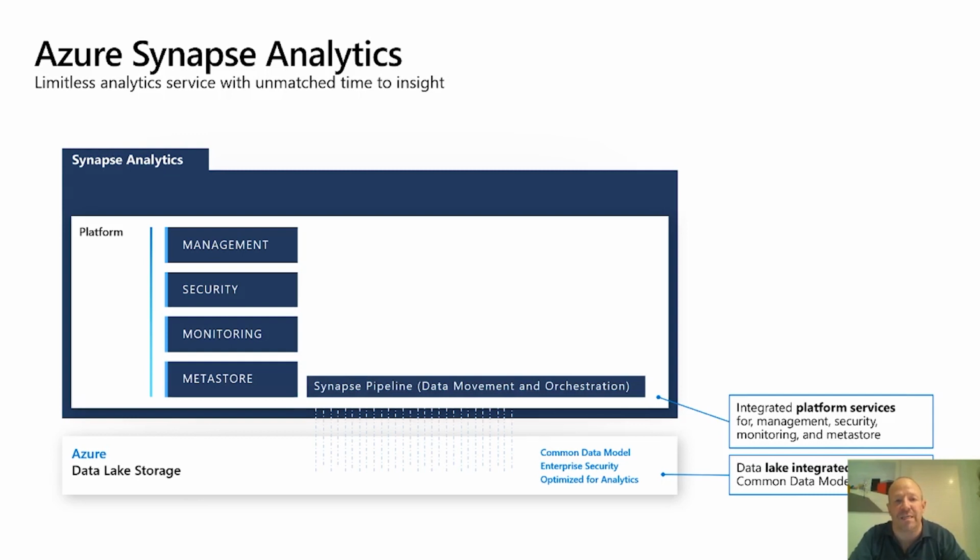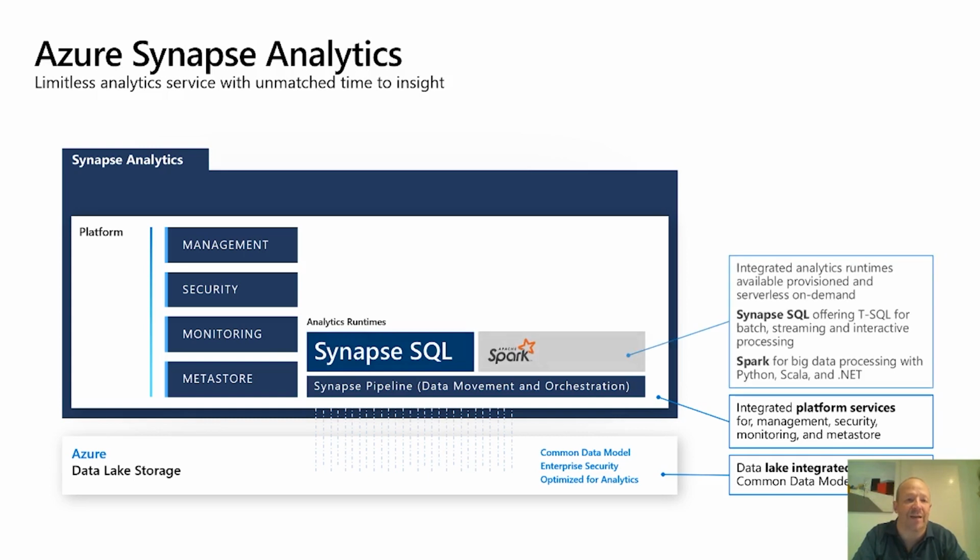Synapse includes the Synapse pipeline experience, which is based on Azure Data Factory, which gives you the ability to do data movement and orchestration. It gives you the two analytics runtimes. One is called Synapse SQL, which consists of two experiences. We'll go into more detail later, although we are merging those into one over time.